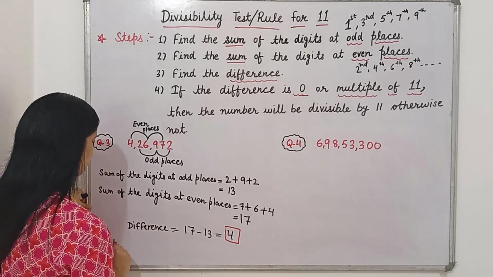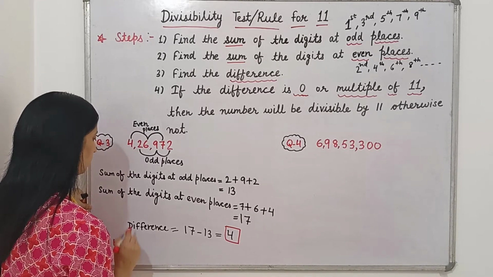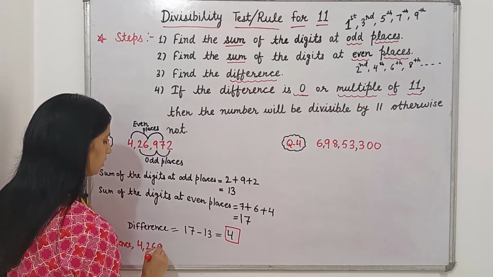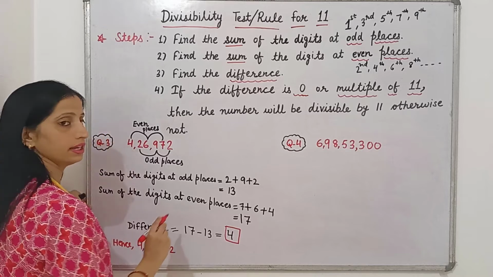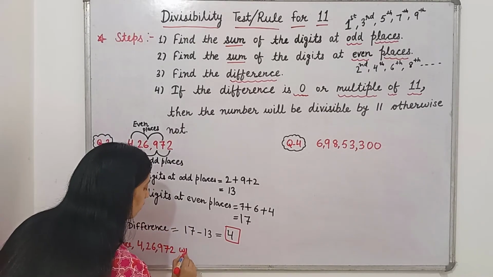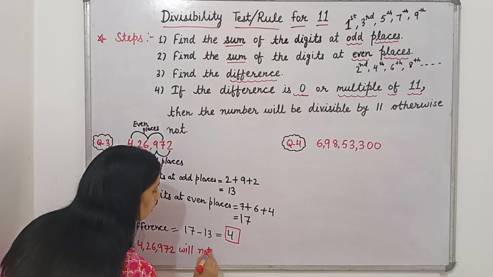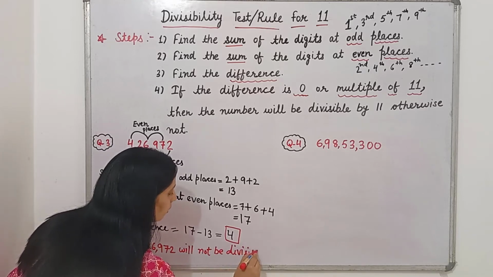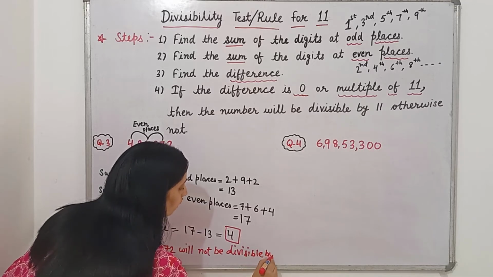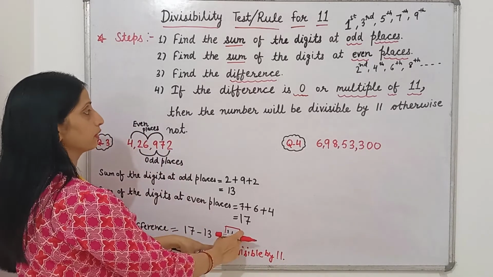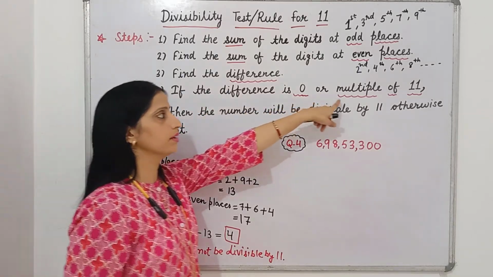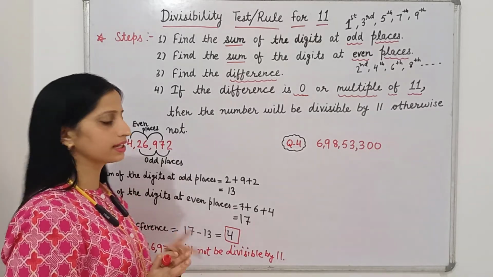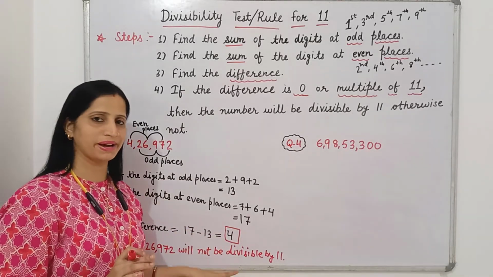Hence, the number 4,26,972 will not be divisible by 11. Okay, because if we will get 0 or multiple of 11, then only our number will be divisible. In all the other cases, our number will not be divisible by 11.